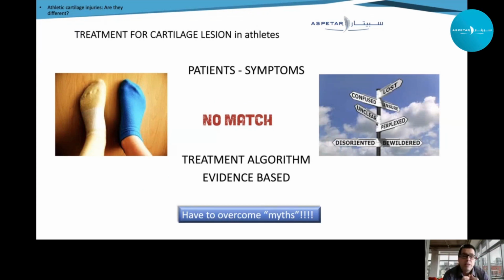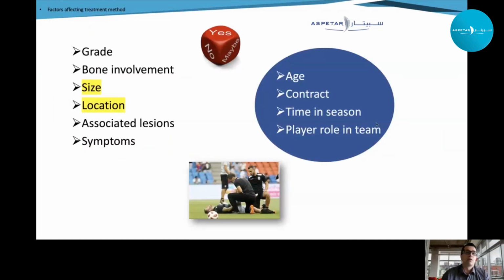A myth, for example: I consider this a myth because whenever you face an athlete with a cartilage defect, he thinks, and his environment also thinks, that it's the end of their career. But I will show you some data that it's not the end of the world for them.